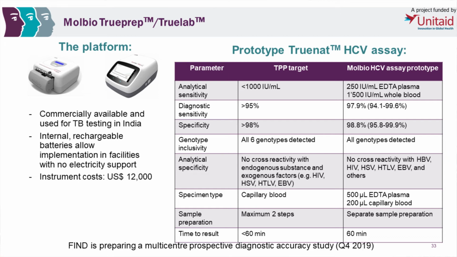FIND is preparing a multicenter prospective diagnostic accuracy study on this HCV assay. And so we hope to evaluate the performance of the assay and understand the sensitivity and specificity to provide evidence to MolBio to then submit this to stringent regulatory authority.